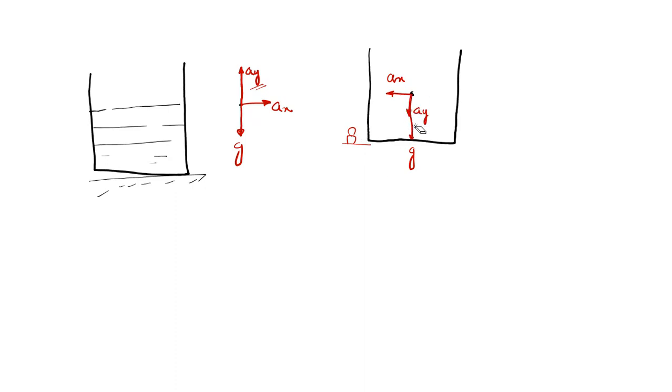So what is this triangle now? ax, and downward g plus ay. So this will be the net acceleration, and the fluid surface will be perpendicular to this.